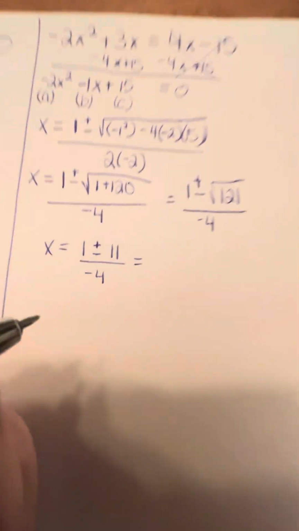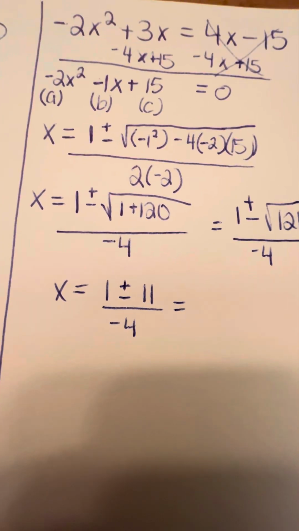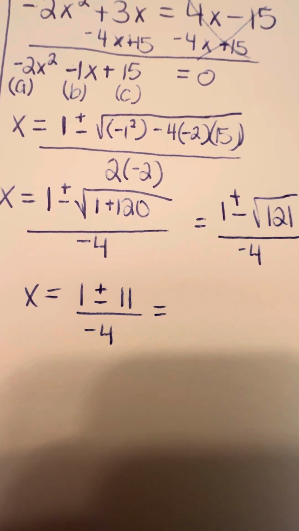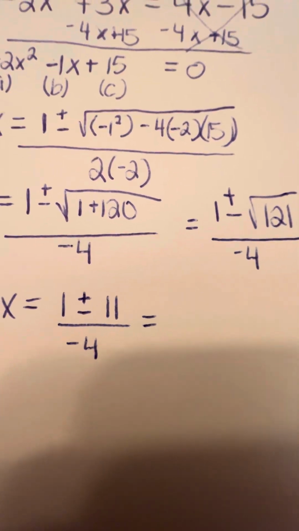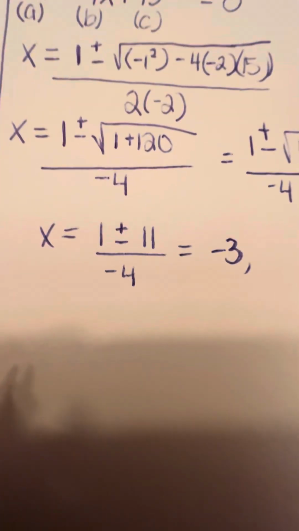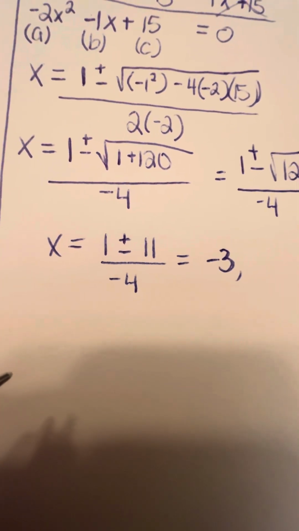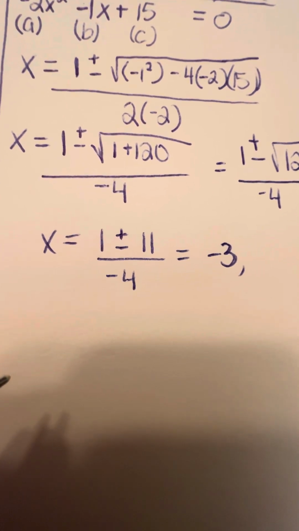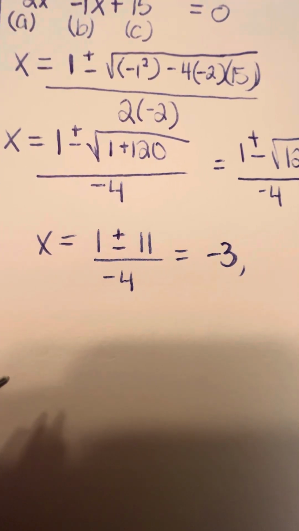So let's start with the positive first, just because that's always the one I usually go to. 11 plus 1 is 12, and then 12 divided by a negative 4 is going to be a negative 3. So our first answer is negative 3. And then our second one would be if I do 11 subtracted from 1, which obviously is going to give me a negative 10.